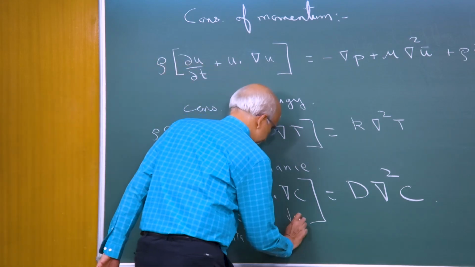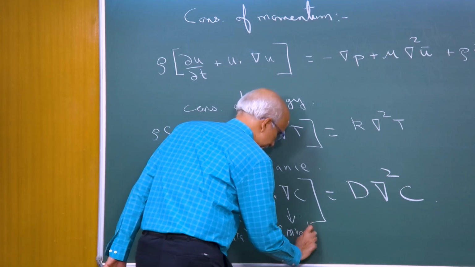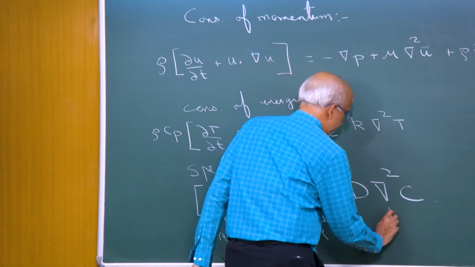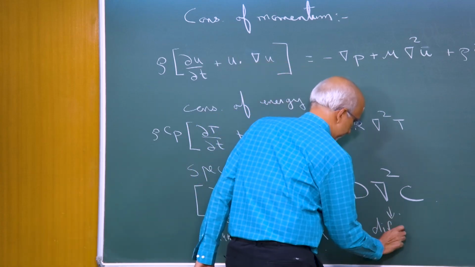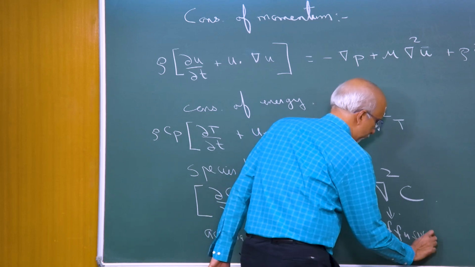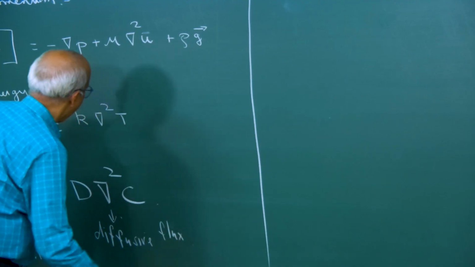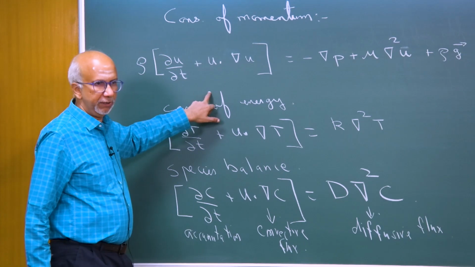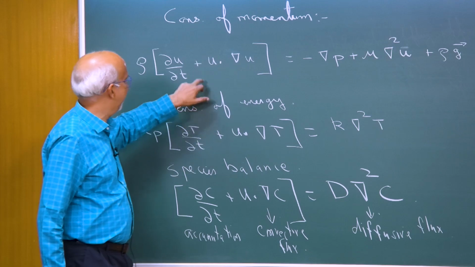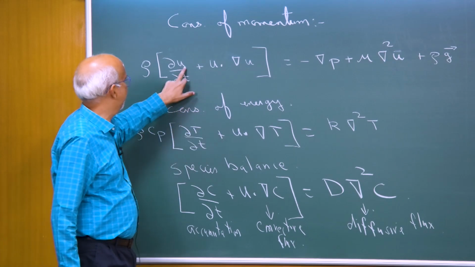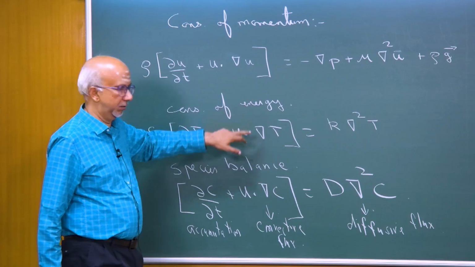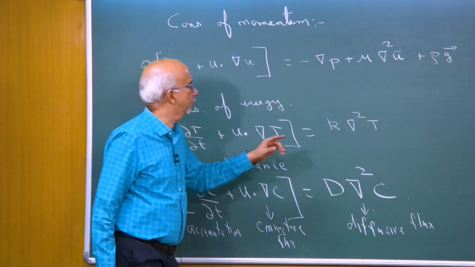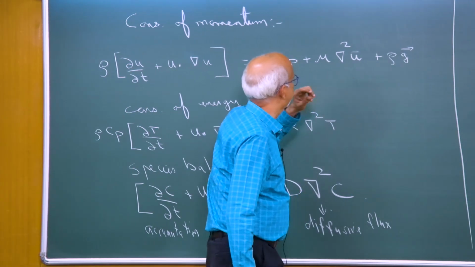This is convective flux, and this is your diffusive flux. So, if you know your Navier-Stokes equation, you can just write the energy by representing this u with T and this u with C for the species balance, okay. And of course, this is your diffusive flux.